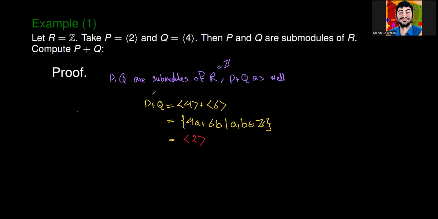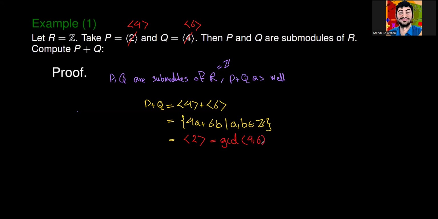That's why I changed it the first time. I consider this guy as a 4, sorry, and this guy as a 6. In fact, it's generated by the GCD, greatest common divisor, of 4 and 6.